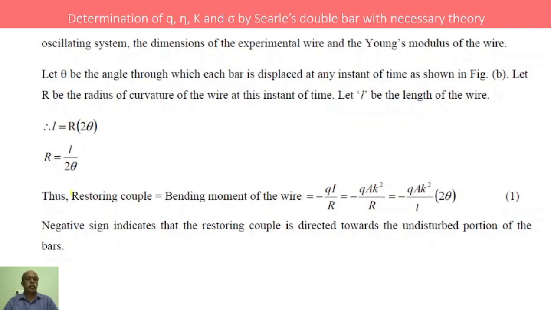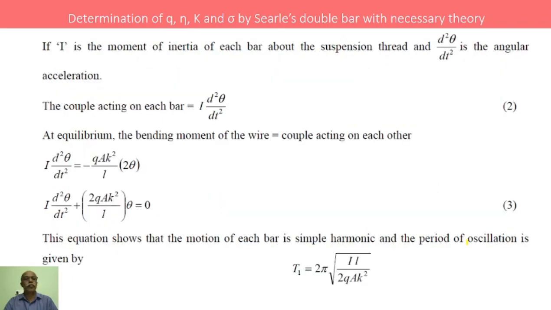Therefore, the restoring couple is equal to the bending moment of the wire, which equals minus Q I by R, that is minus Q A K square by R, or minus Q A K square by L into 2 theta. The negative sign indicates that the restoring couple is directed towards the undisturbed position of the bars.